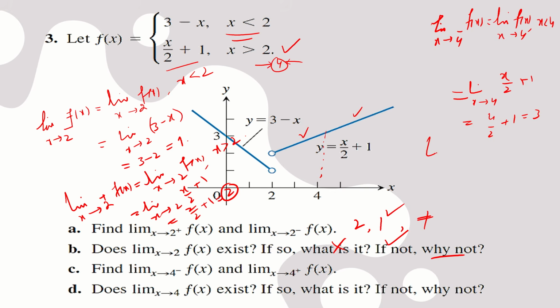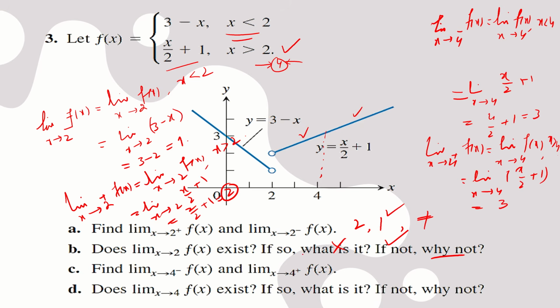Whereas if you find the right hand limit, limit x goes to 4 from the right side of f of x, again by using the definition we would write x goes to 4 of f of x with the condition that x is greater than 4. And in this case, the function will remain the same. Limit x goes to 4, f of x is what for x greater than 4? That is again x by 2 plus 1. And as done previously, that would give you the same limit.